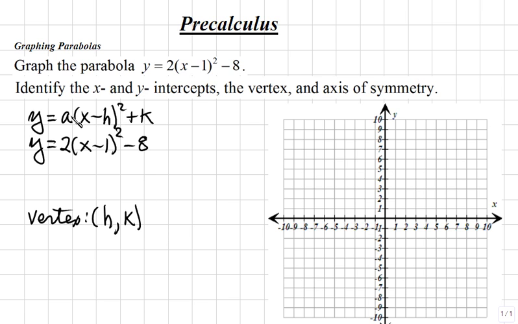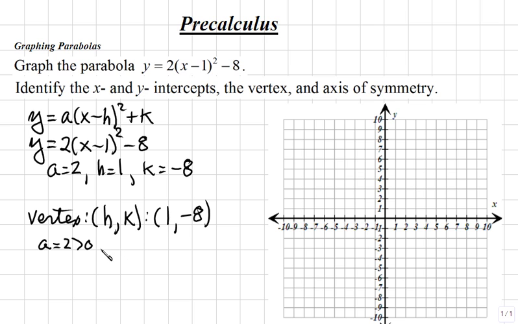So in comparing our equation to the standard form, we see that a must equal 2, h must equal 1, and k must equal negative 8. So immediately, our vertex of this parabola is 1 comma negative 8. Since a is 2, a positive number greater than 0, this parabola will be opening up.